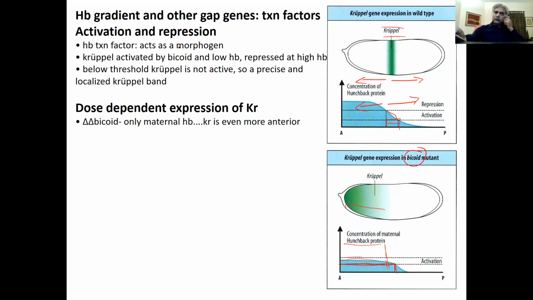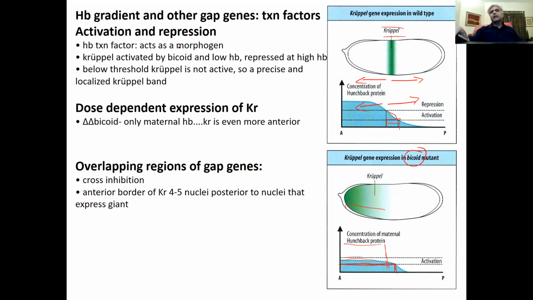So there is a clear dose dependence of Krüppel gene expression on bicoid and hunchback concentrations.